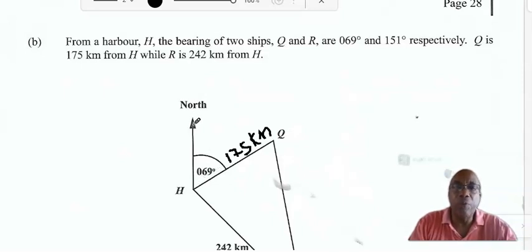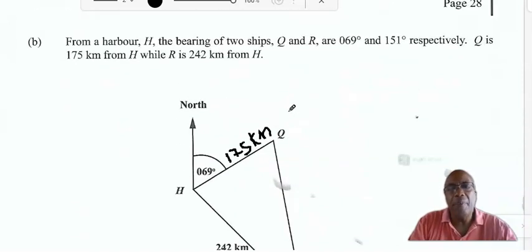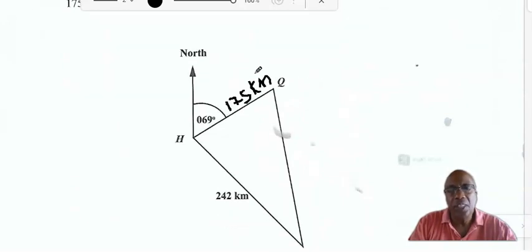That is why the north arrow is always drawn to get the bearing. So 069 degrees is clockwise from north 69 degrees. But we always write bearings with 3 figures, so we have 069 degrees. So the bearing of R from H is 151 degrees.